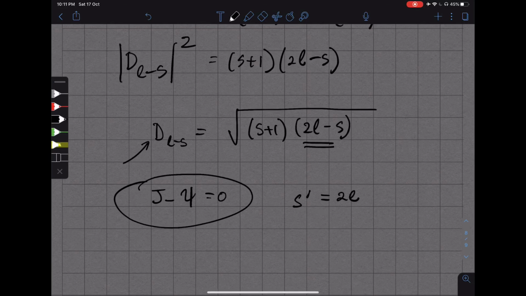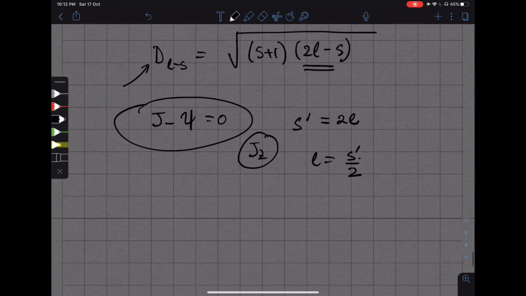So that means that the number L, which was the highest eigenvalue of the Jz operator, is S prime by 2, but S prime is an integer, therefore the allowed values of S are either integer or half integer. So it can be 0, or half, or 1, or 3 halves, or 2, or 5 halves, dot, dot, dot.